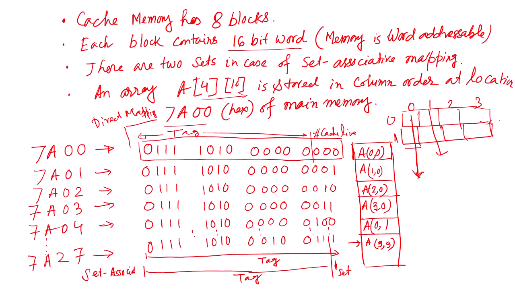Question is so simple. We have to bring the data, that is, data is A00 first. Okay, data is A00, where it is there in the main memory, you know that it is there in the location 7A00 and we are using direct mapping. So, therefore, it should be placed in the cache memory, but in which block in the cache memory.